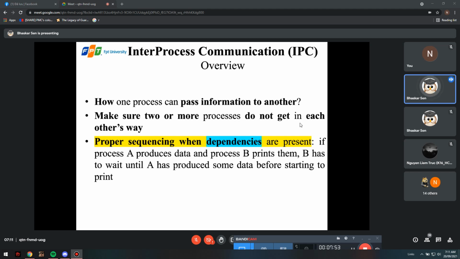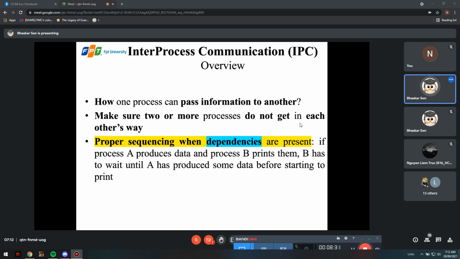Definitely some value of X will go to the printer or get printed out, but what we get is not what we expect. That could be an old value of X, not the latest update sent from process A. So that is what we call race condition, where dependencies are present for a shared data.